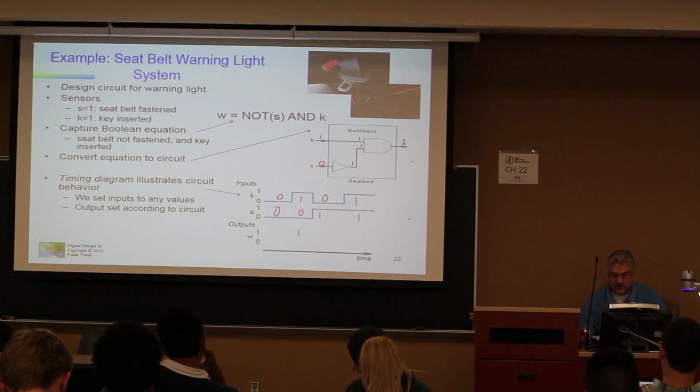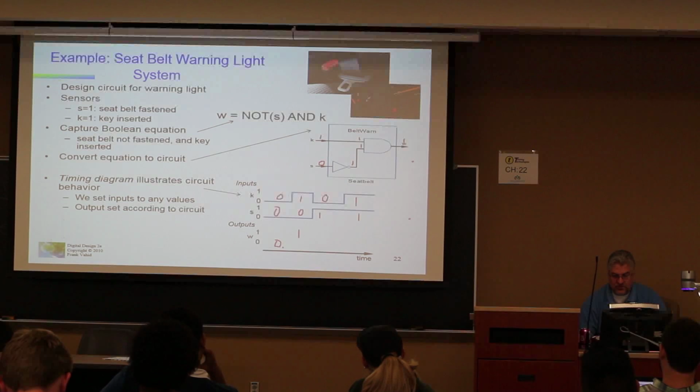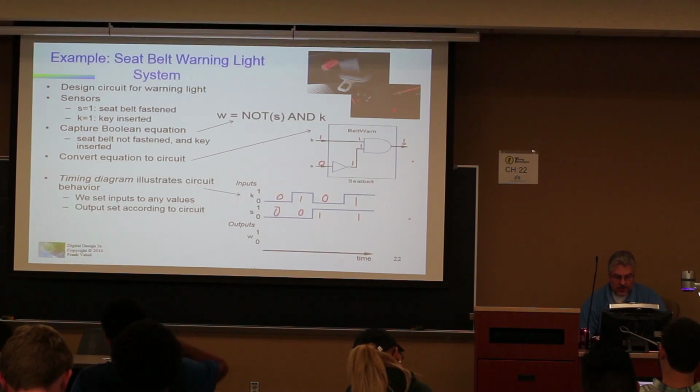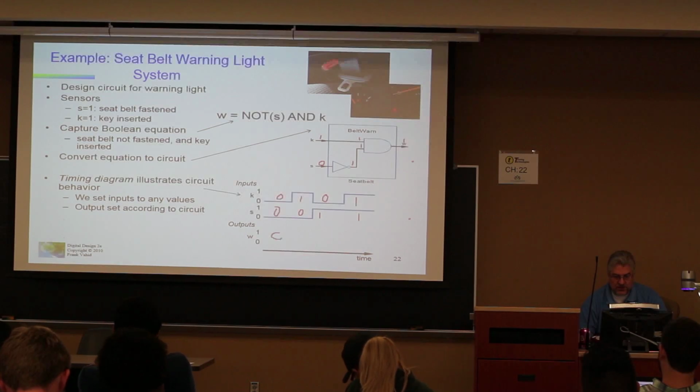So I'll just wing it, right? And then everything else, I say we're going to have it down here. We'll make this cleaner. So I believe that this is going to be 0, this is going to be 1, this is going to be 0, and this is going to be 0.